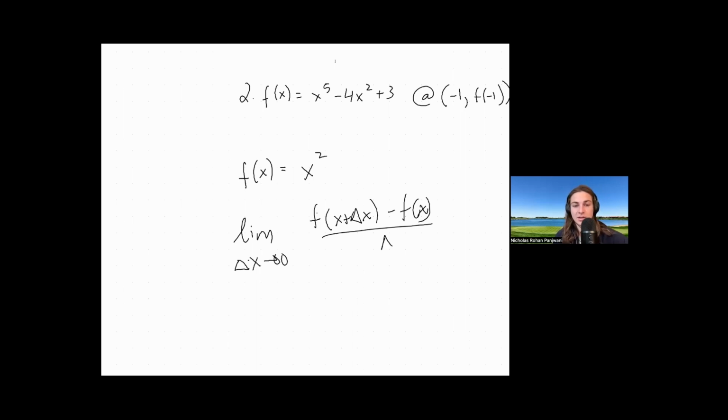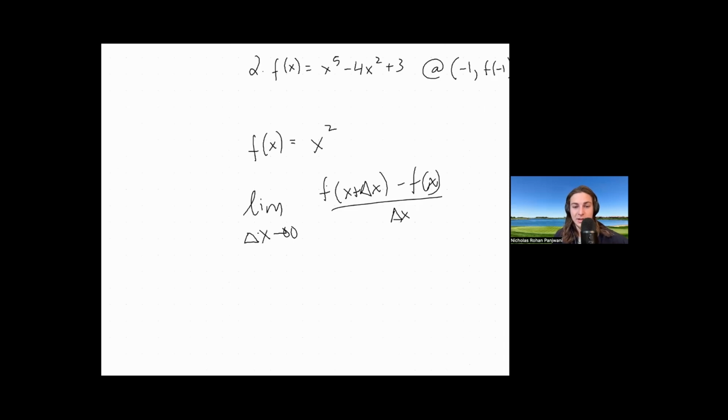So wherever you see x in the original equation, you plug in x plus delta x. That's what f of x plus delta x means. So it's x plus delta x squared minus x squared, all over delta x.